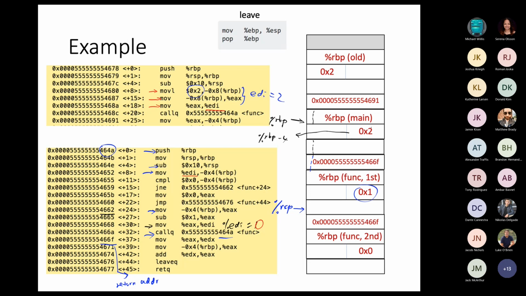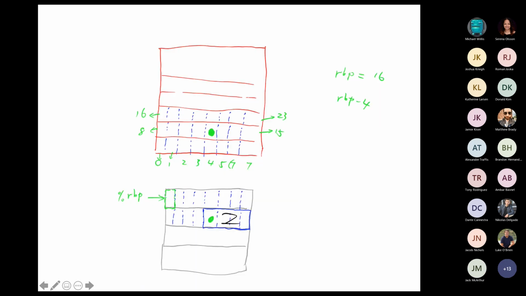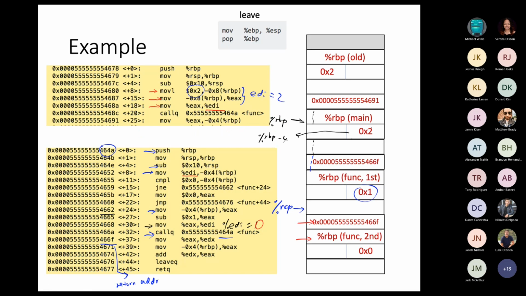We call 464A again. That's why we have another return address. And then we do a similar thing. But this time, on the stack, we put down 0 because the EDI is 0 right now.